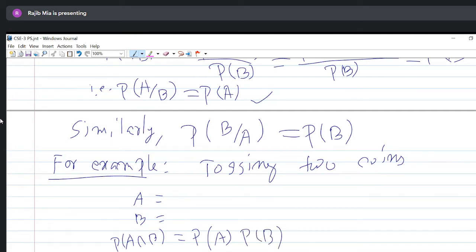Then we say that A and B are independent. When tossing two coins, how many outcomes are there in the sample space? Sir, for two coins it will be four. Two into two, four. Yes, four: head head, head tail, tail head, tail tail.